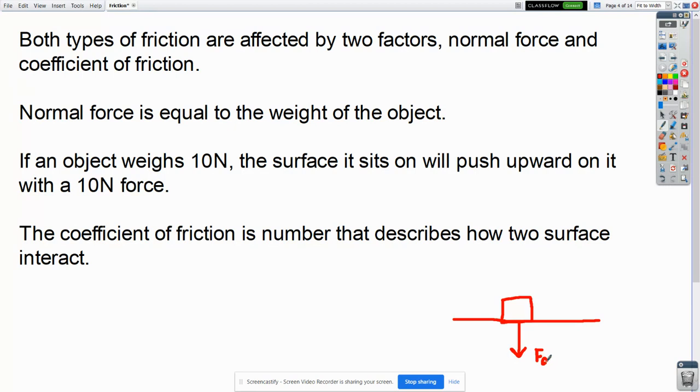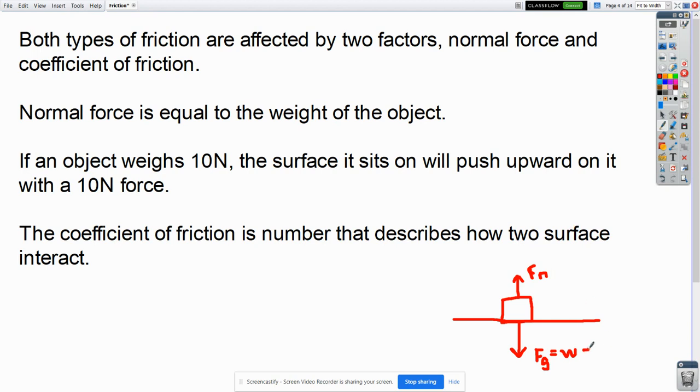We've learned in Newton's second law that we can call that force of gravity the weight of the object. Because it's sitting on a surface, that surface is going to push up on the object, opposite of the gravitational force. That upward push that counteracts the gravity is called the normal force.